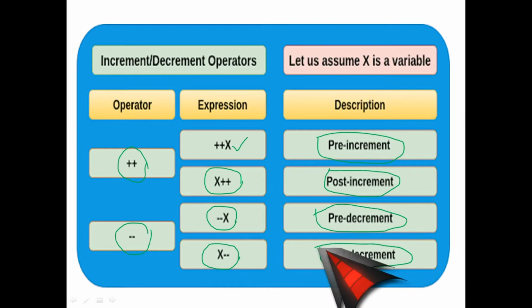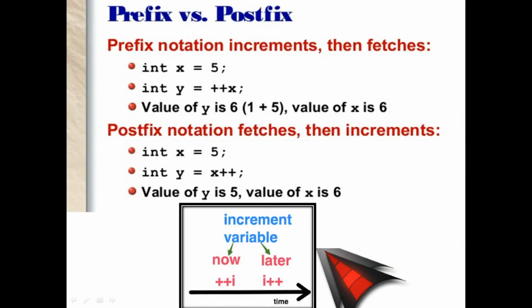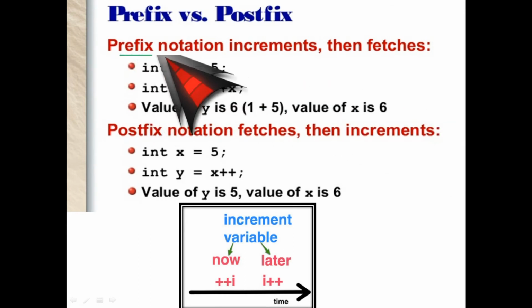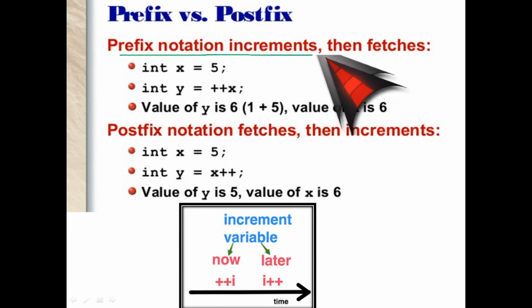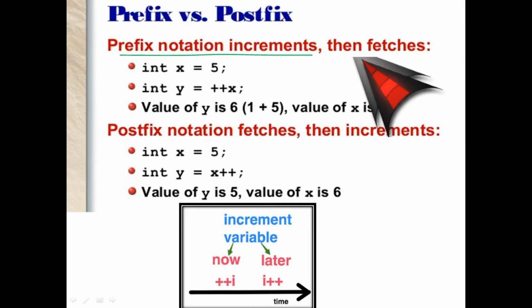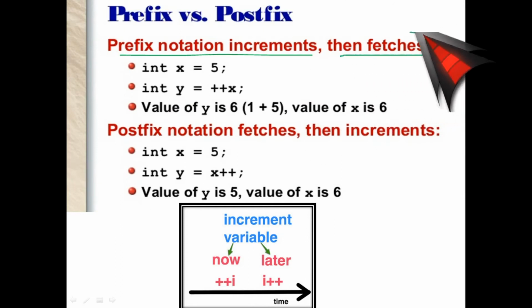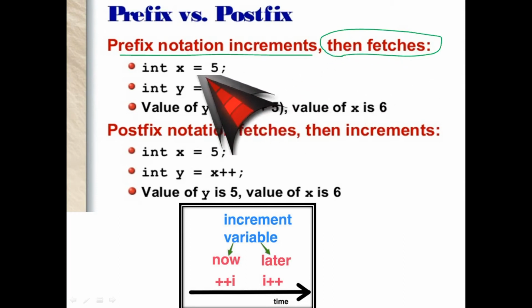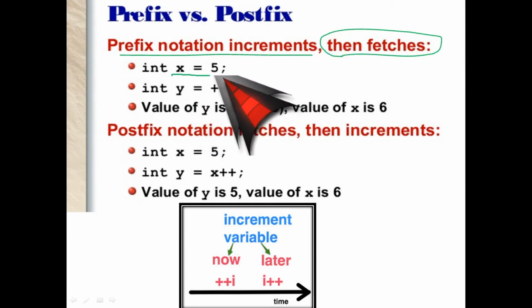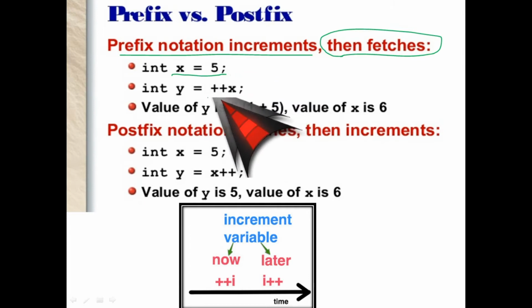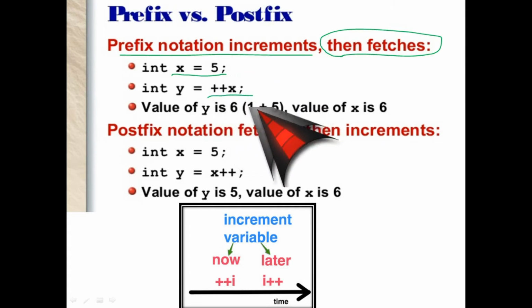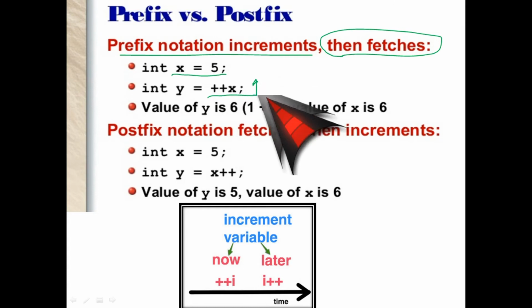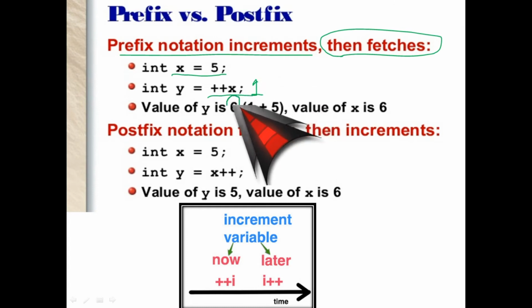Let's see the basic difference and how we compute it: prefix versus postfix. In prefix notation, the increment works first and then we fetch the value. Suppose the current value of x is 5 and I write plus plus x, it will be incremented by 1, so the value will be 6.